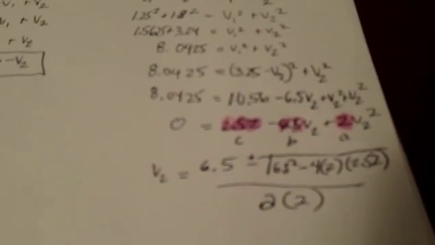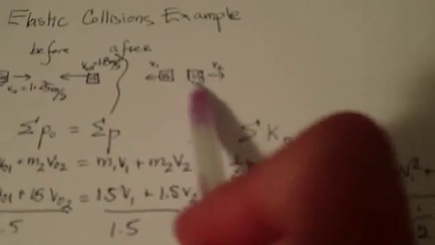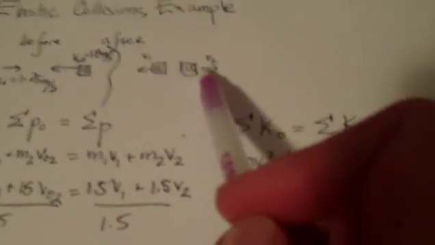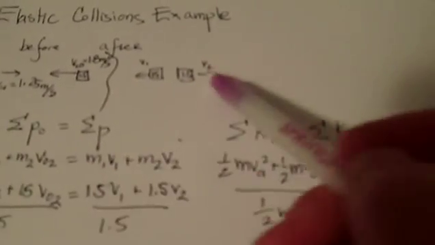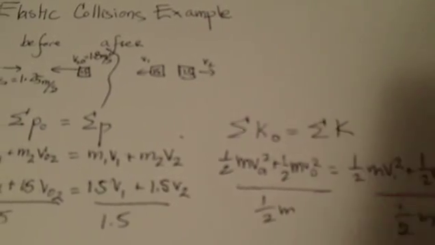Okay, so before I even start to do any calculations, let's think about whether I want the positive or the negative value. If we look at our picture afterwards, we know that the second object can't go through the first object, so it's not going negative. It has to be going in a positive direction. So I'm going to pick the positive quadratic solution.